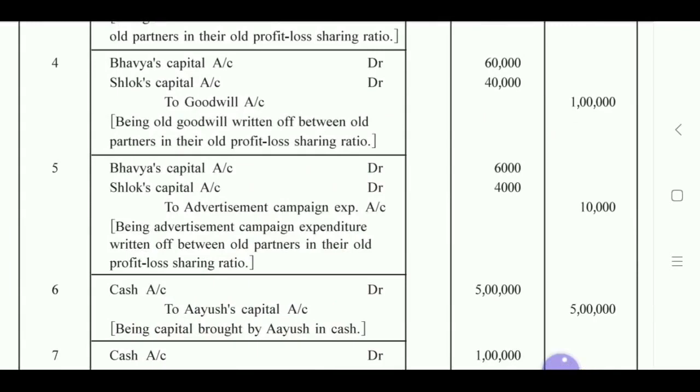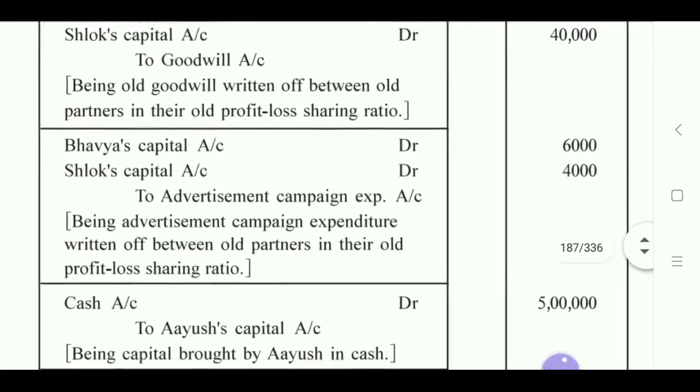Now this is given on asset side, that is debit side, and as I said, whenever you are writing off the debit balance, it is to be credited in the journal entry. I have mentioned this in the video that I have uploaded regarding the explanation of reserves and surplus. Whenever you are distributing a credit balance in the journal entry, it is to be debited, and whenever you are writing off or distributing the debit balance, that particular expenditure is to be credited.